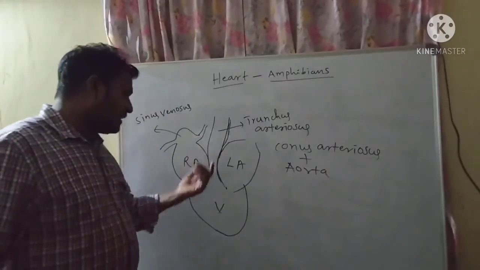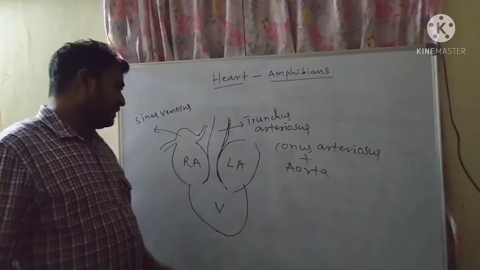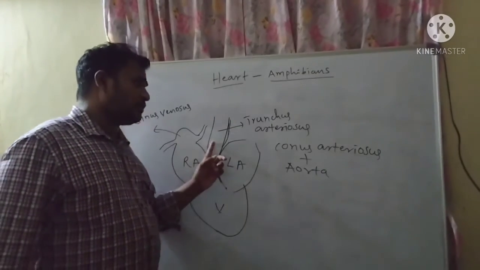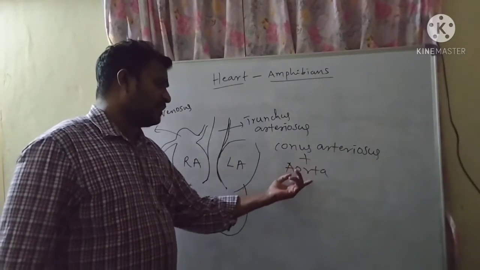This truncus arteriosus is formed by the fusion of conus arteriosus and aorta.